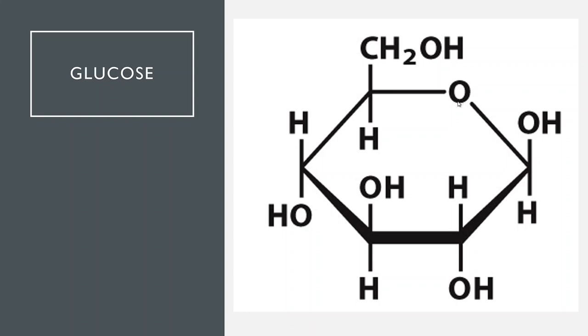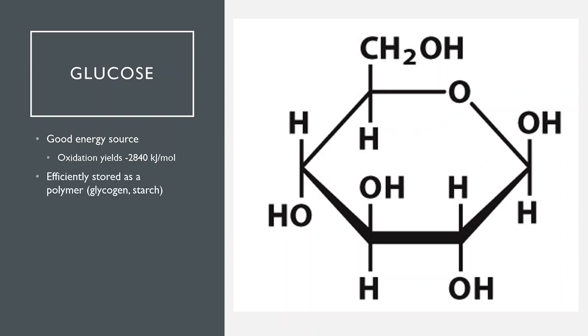from its byproducts. But the reason that glucose and other monosaccharides are a good energy source is that if you completely break it down, completely oxidize it to carbon dioxide, it yields almost 3,000 kilojoules per mole of energy, and it can efficiently be stored as a polymer.